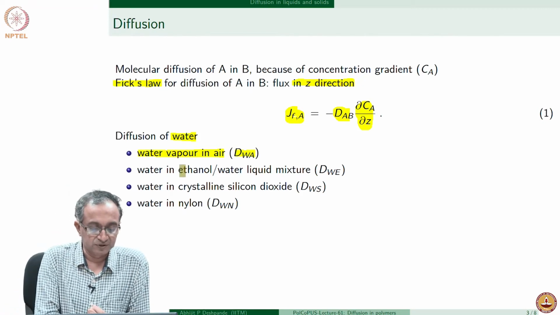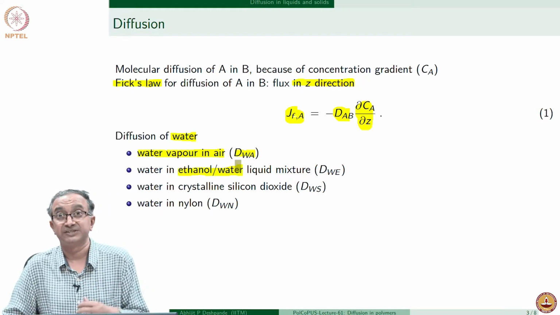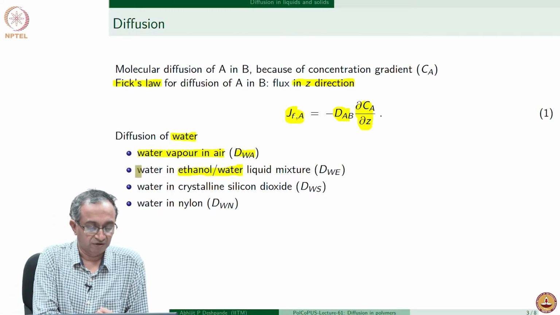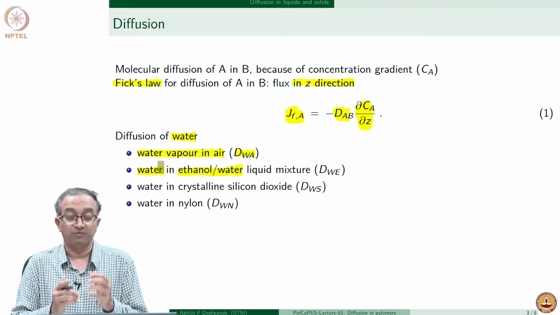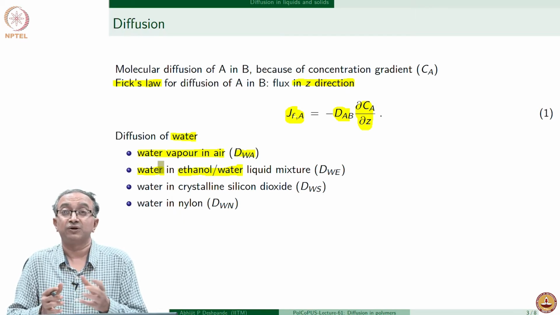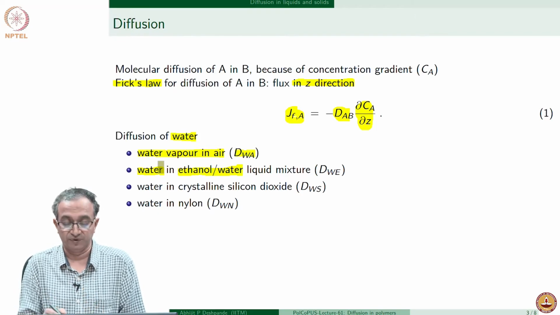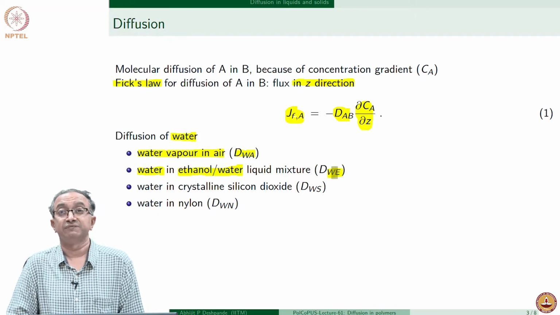On the other hand, we could also have, let us say, an ethanol-water liquid mixture, and we could again talk of water diffusivity. So, in this case, it is a water and ethanol mixture in which water molecules are diffusing, and therefore, the diffusivity will depend on the interactions between water and ethanol.